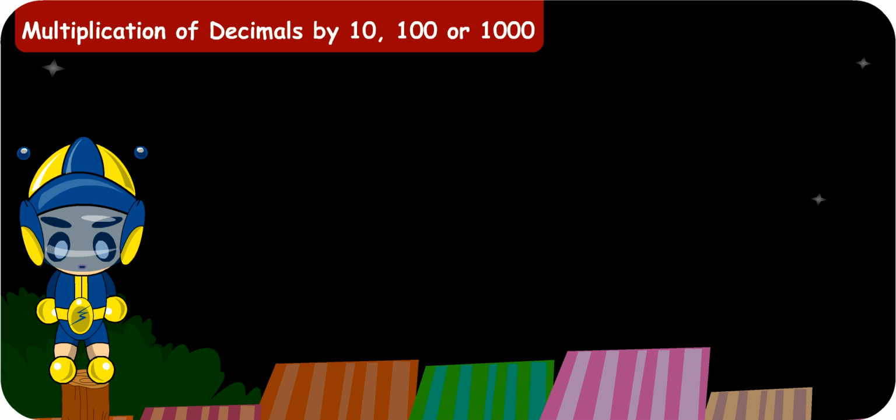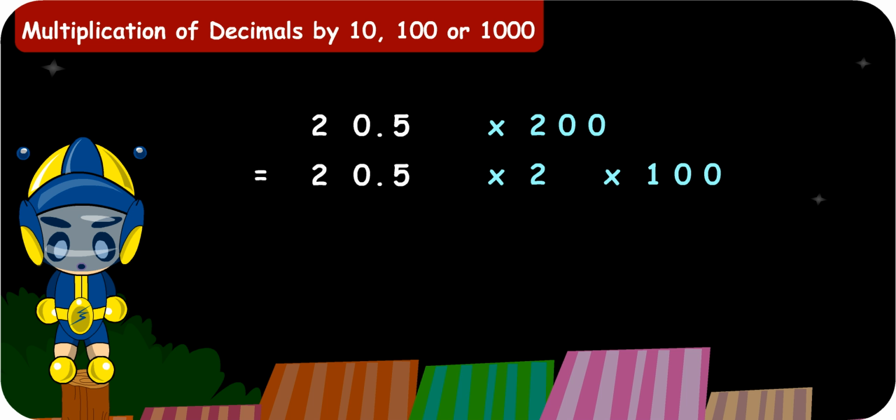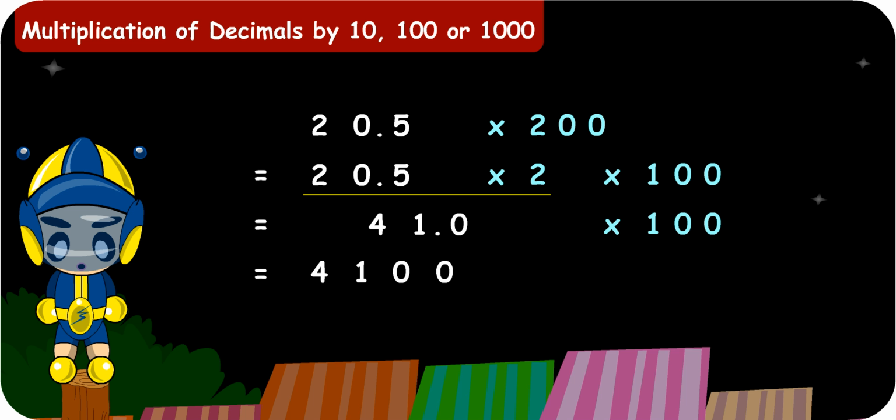What happens when 20.5 times 200? That's easy. Let me show you. 20.5 times 200 equals 20.5 times 2 times 100 equals 41.0 times 100 equals 4100.